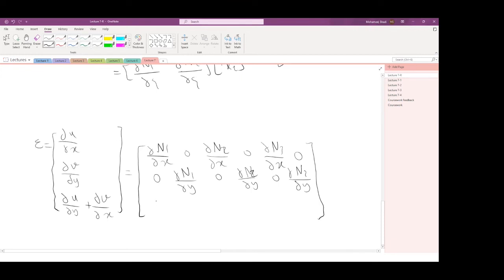And in the last row, I'd have dn1 with respect to y, and dn1 with respect to x, and then dn2 with respect to y, dn2 with respect to x, dn3 with respect to y, and dn3 with respect to x.